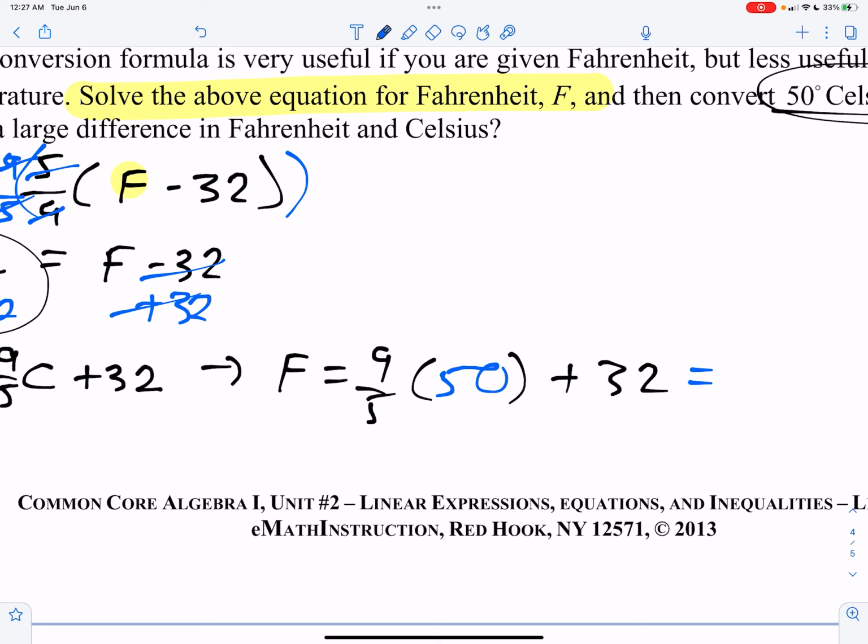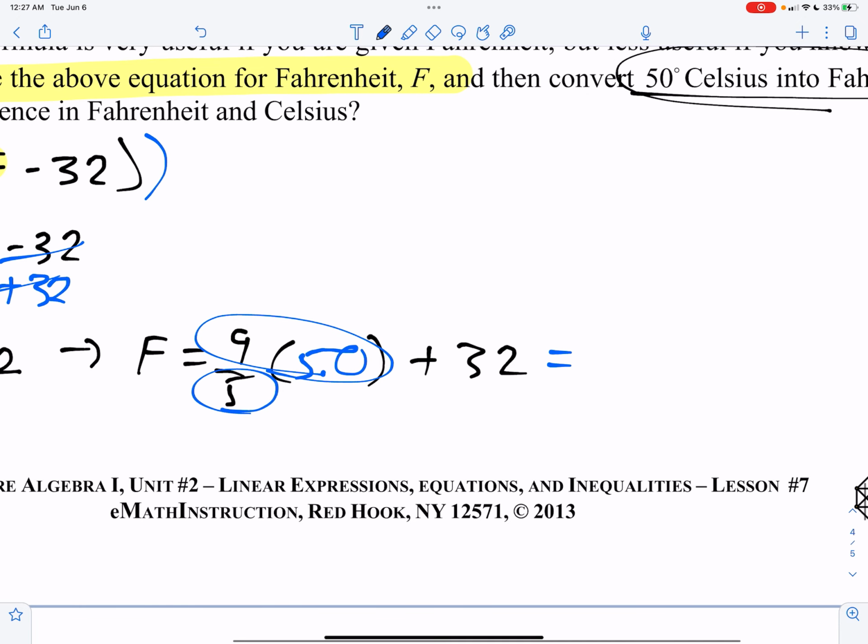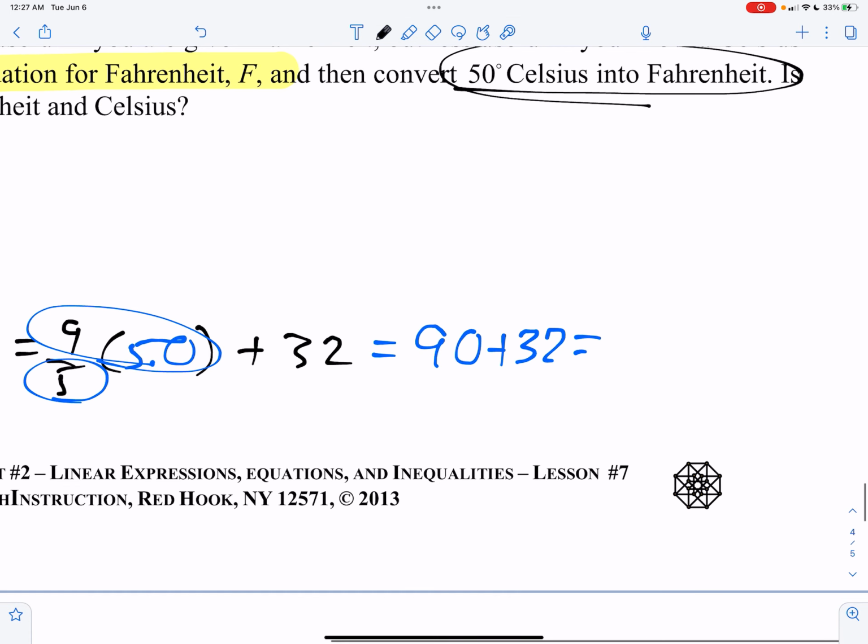So 9 times the 50 is 450, divided by 5 would be 90, plus the 32. Well, 90 plus 32 would be 122 degrees Fahrenheit.